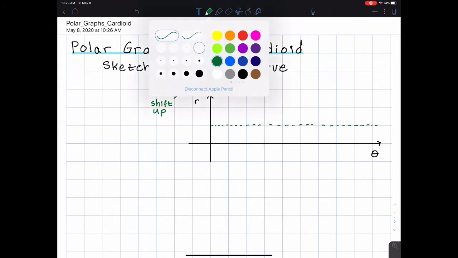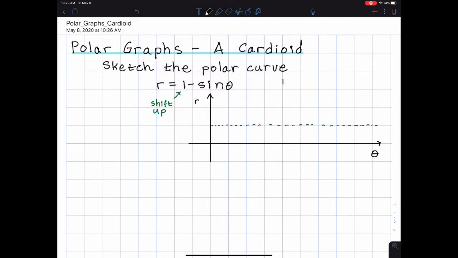Okay. Now, the period of this function is 2 pi. And when I divide that by 4, I get 2 pi divided by 4, which is pi over 2. I'm going to use that to find my key points. I am going to work this out so that the horizontal and the vertical axis don't have the same scale.